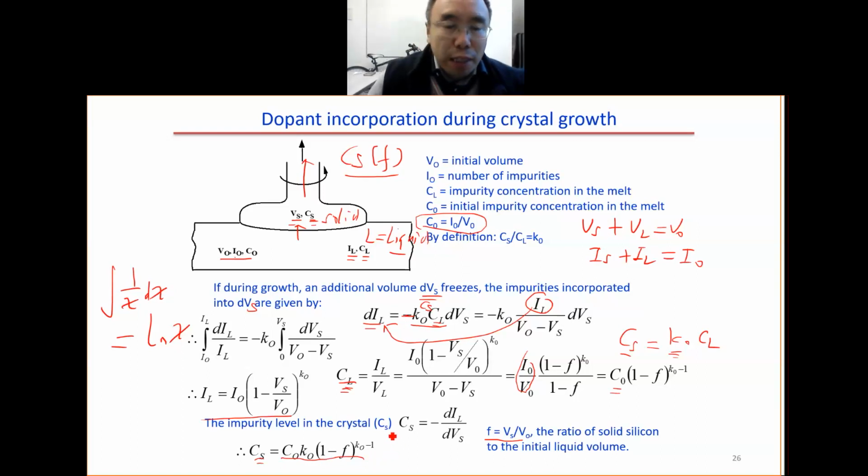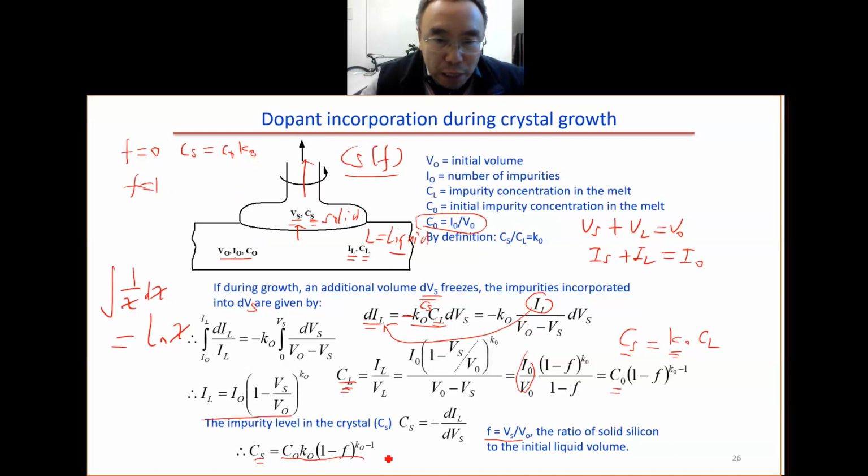Now we look at the numbers. For F equal to 0, CS equals how much? Equal to this one, right? So this makes sense. For F equal to 0, at the beginning, the concentration in the solid is given by C naught times K naught. How about F equal to 1?